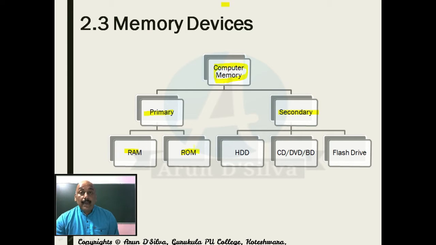RAM means random access memory, ROM means read only memory. Whereas in the secondary memory we can group into hard disk drive, compact disk, digital versatile disk, Blu-ray disk, flash drive like pen drive, external devices, memory card, floppy disk, and magnetic tapes.